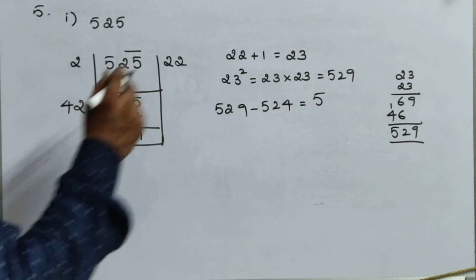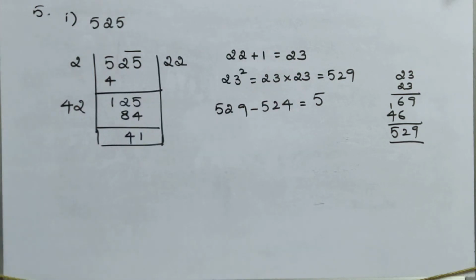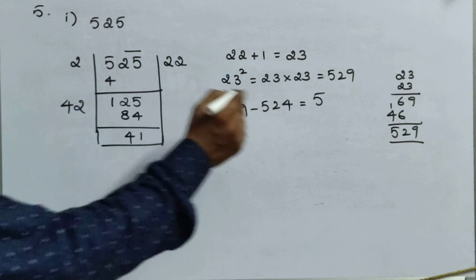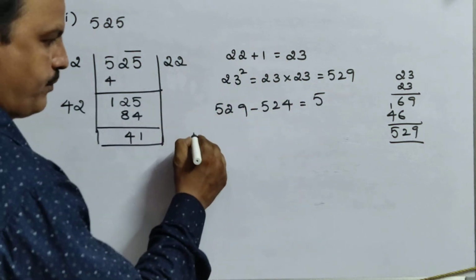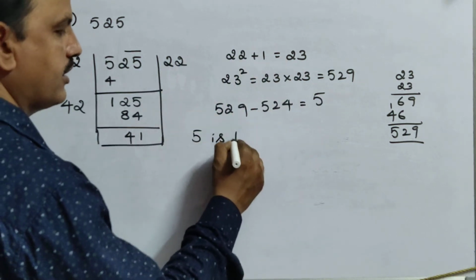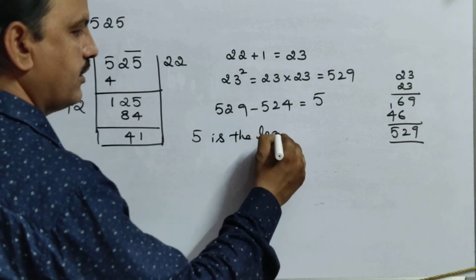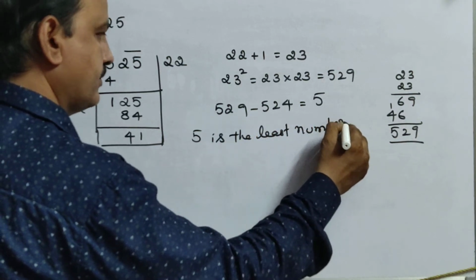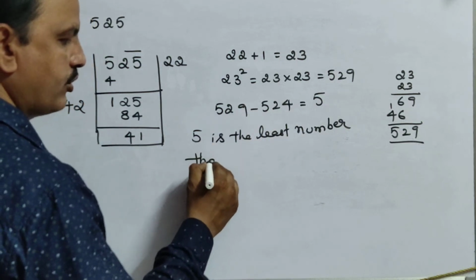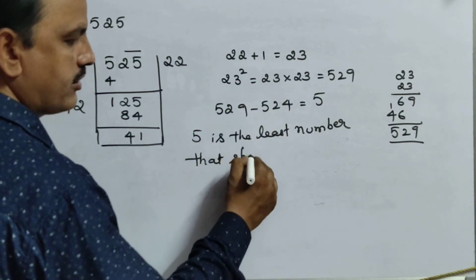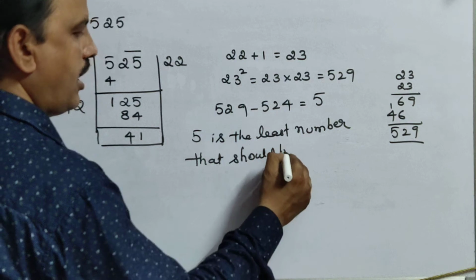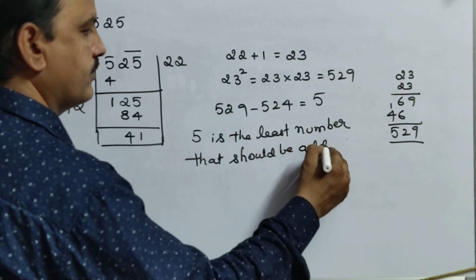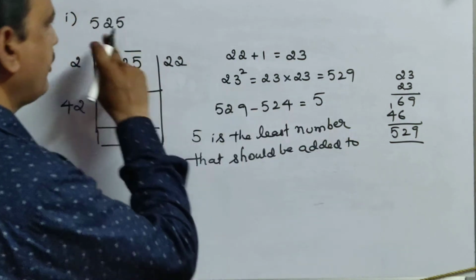Okay? That means what to do? 5 is the least number that should be added to 525.